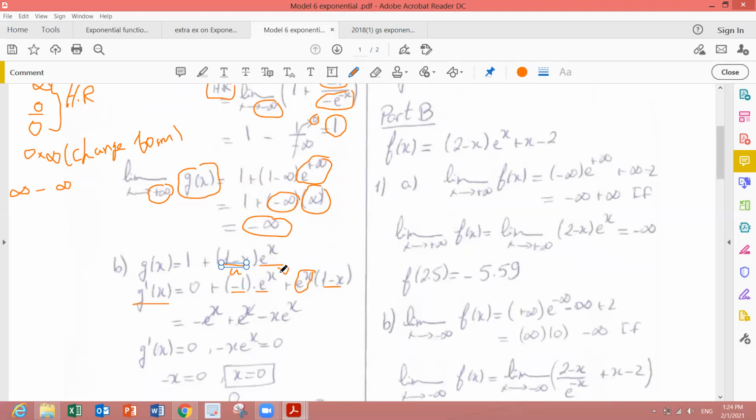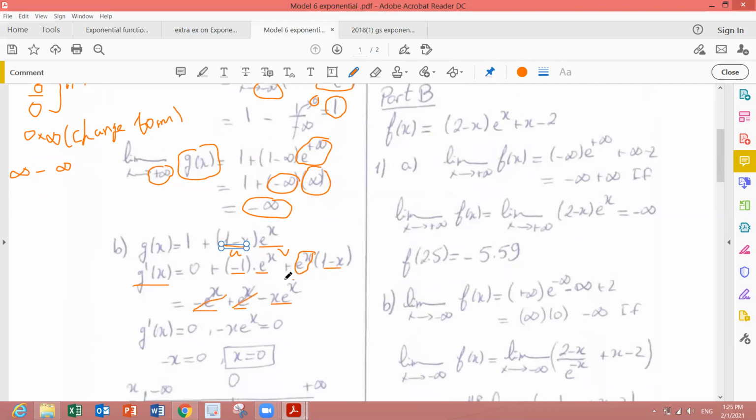Either we take e^x common or we expand. If we expand, we get minus e to the x plus e to the x minus x e to the x. Minus e to the x plus e to the x is 0. بضل عندنا minus x e to the x.